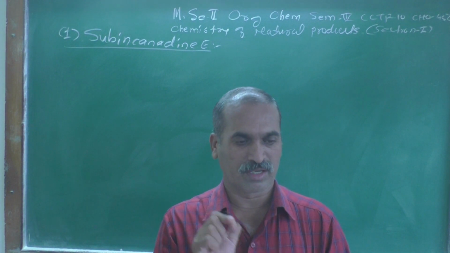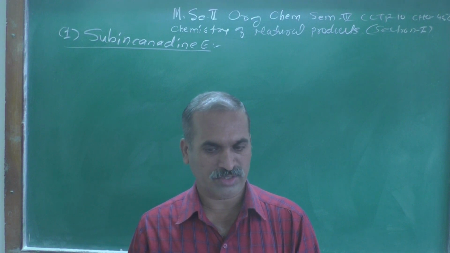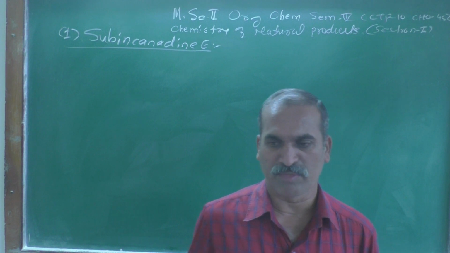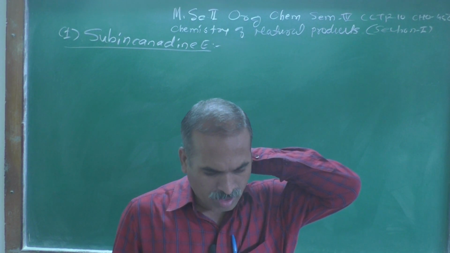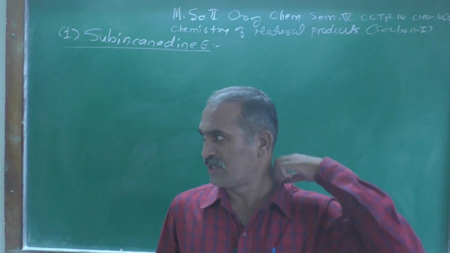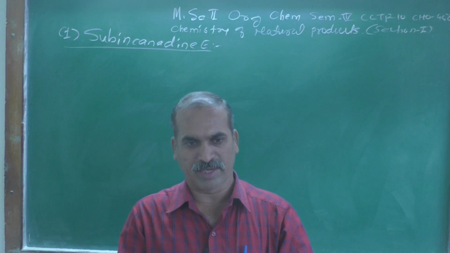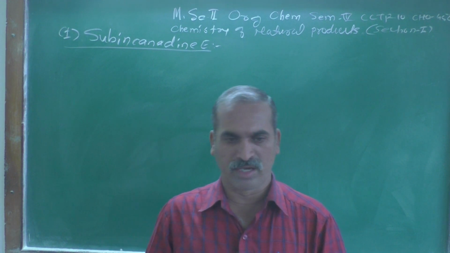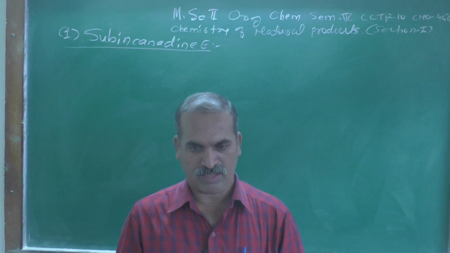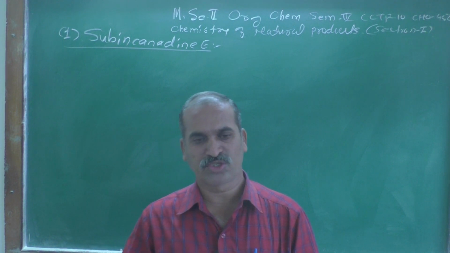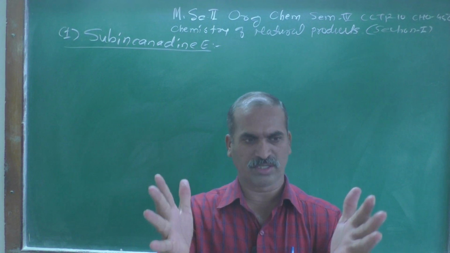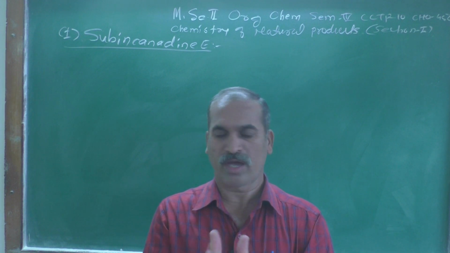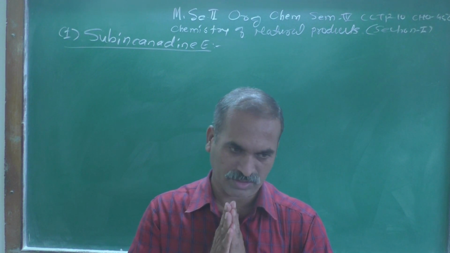Glyceraldehyde has CHO, then the middle carbon having OH on the right-hand side and H on the left-hand side, and below is a CH2OH group. That is the general representation of glyceraldehyde, and if you put a mirror there, you can see its mirror image, right? Now, these two hands, our two hands, are a good example of enantiomers of each other.